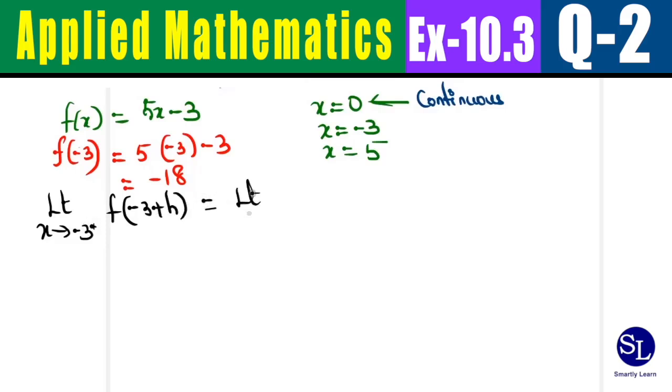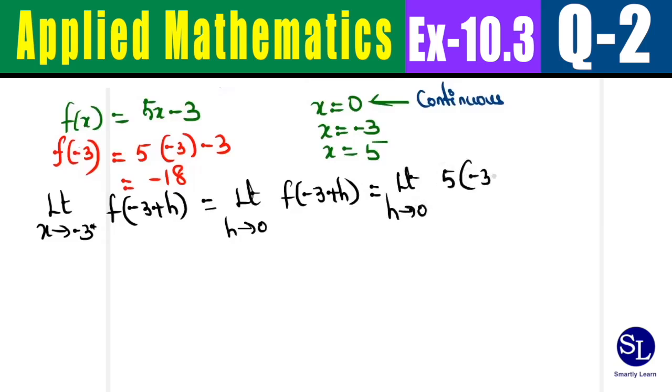So this is limit h tends to 0, f of minus 3 plus h. This is limit h tends to 0, 5 into minus 3 plus h minus 3. So you can directly apply the limit h tends to 0. So this is 5 into minus 3 minus 15, minus 3, minus 18.